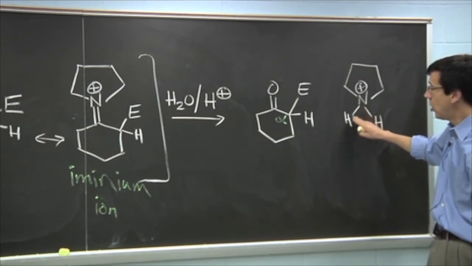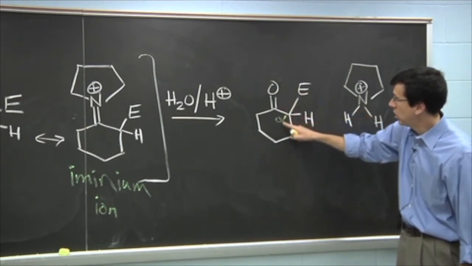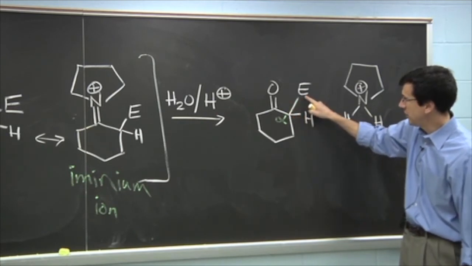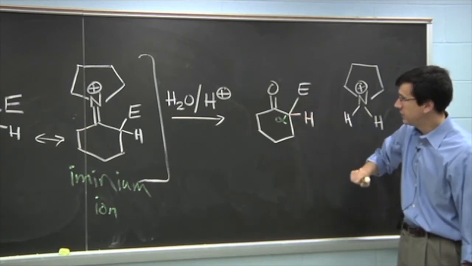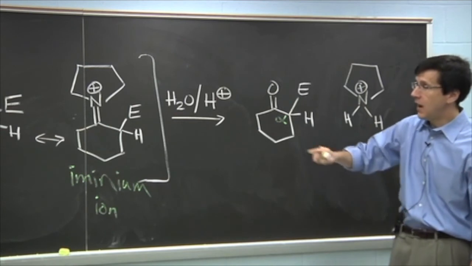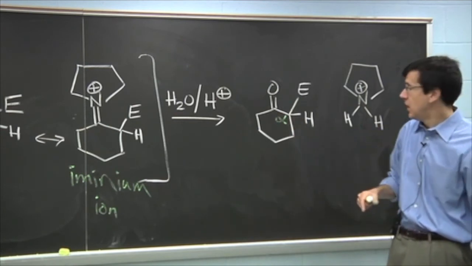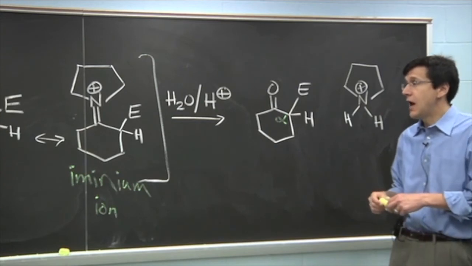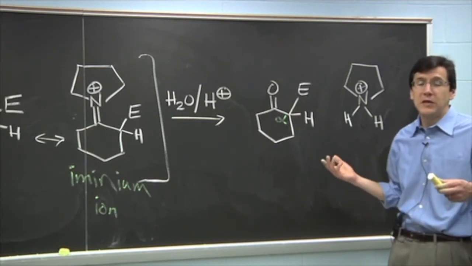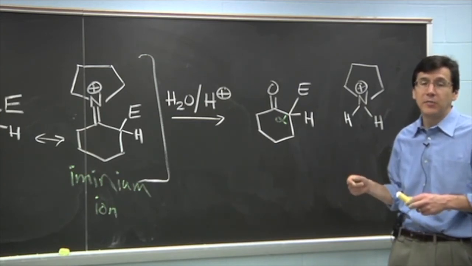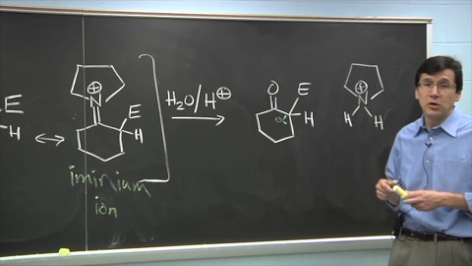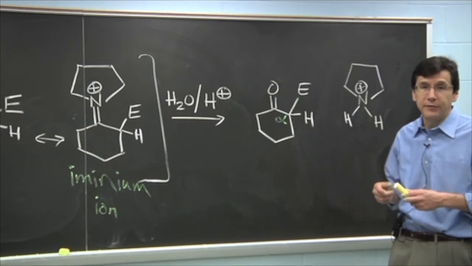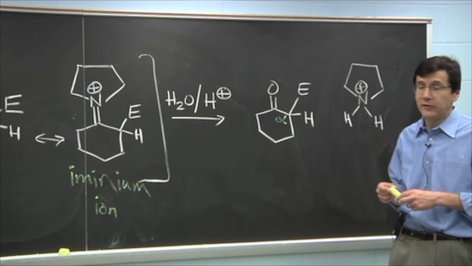So look at overall what we've done. Overall, we have attached an E alpha to the carbonyl via an enamine. It actually turns out, as perhaps we'll have a chance to discuss in class, that this type of enamine mechanism is used by nature to do aldol type of chemistry in some cases.